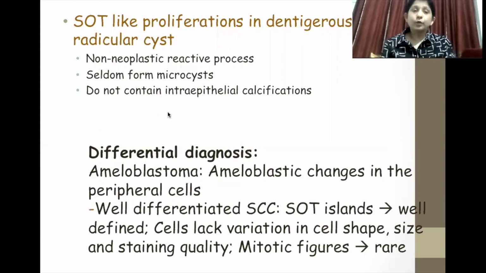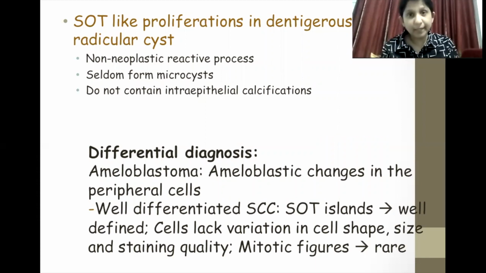Now, you can also see SOT-like proliferations in the dentigerous cyst and the radicular cyst. Now, cystic processes are a little different from the tumor, but there are some cysts which are very aggressive and they resemble a tumor. But that's not what we're talking about here. They say that this is a benign tumor.